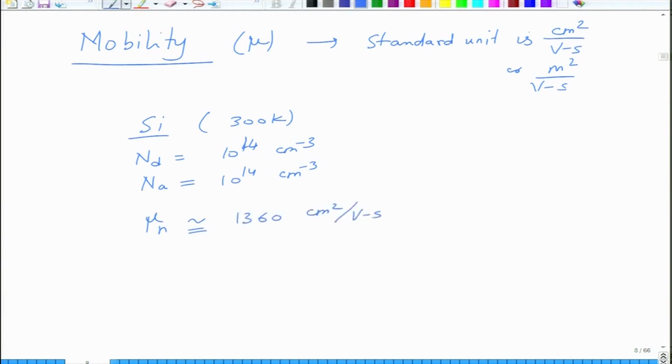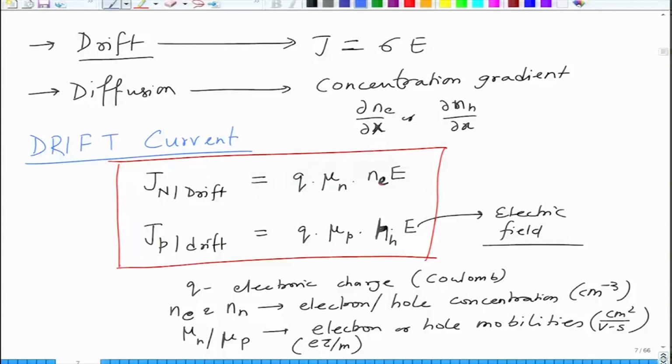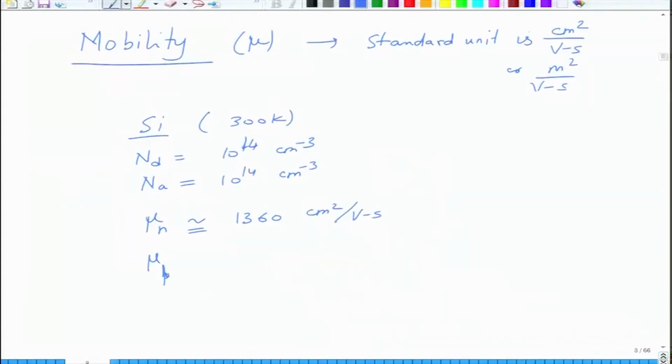per volt second, and mu p is approximately 460 centimeter square per volt second.